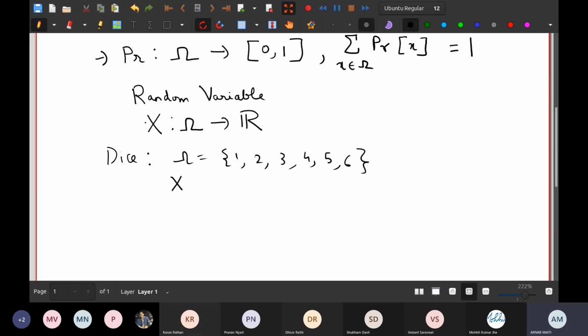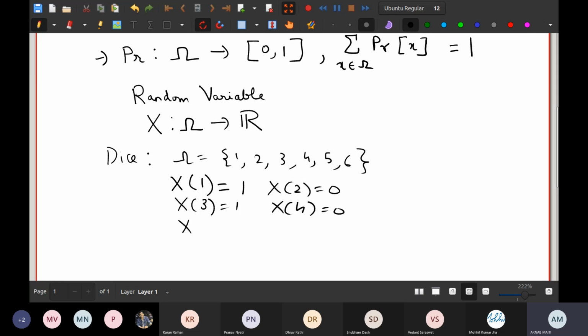We define this function X, where X(1) can be 1, X(2) can be 0, X(3) can be 1, X(4) can be 0, X(5) can be 1, X(6) can be 0. These can be any values. You have to choose one particular function, and that function is called a random variable.